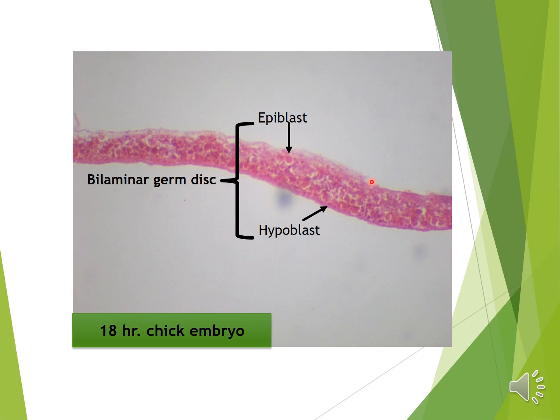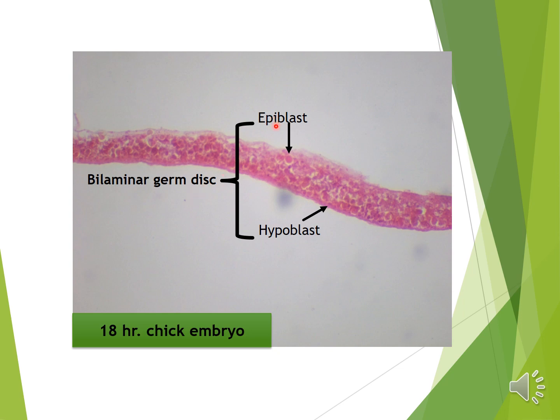Initially, during the second week, the embryoblast cells form two layers: the epiblast, columnar in shape, and the hypoblast, cuboidal in shape. These two layers, the epiblast and the hypoblast, are the bilaminar germ disk.